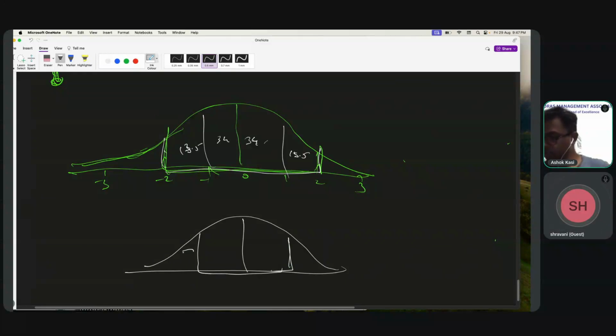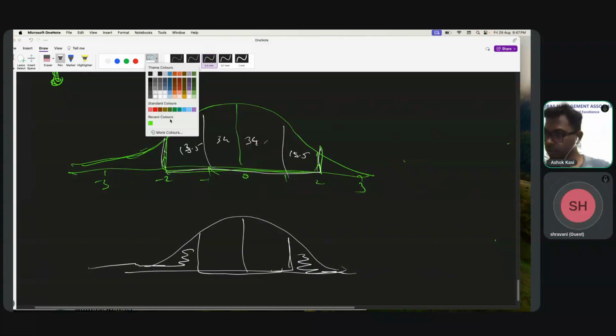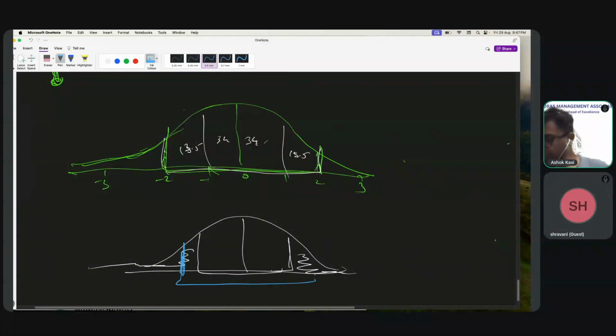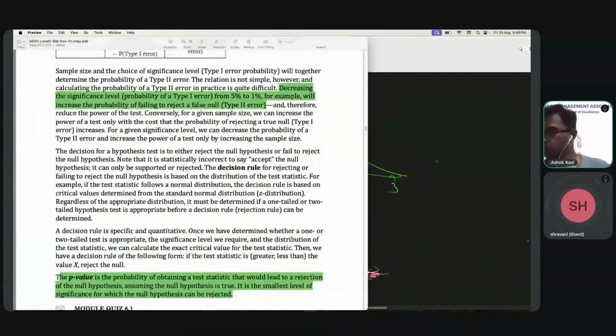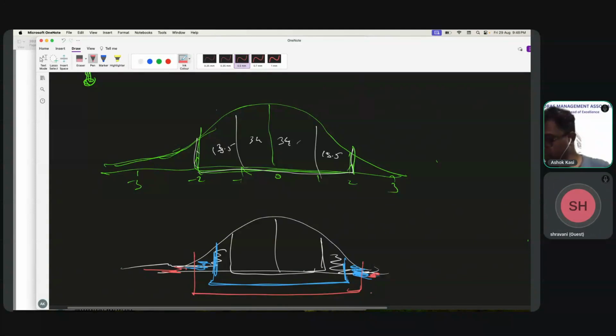So that means more probability of rejecting. Imagine if you go for a 95 confidence interval, then there is a little less probability of rejecting. If it is 99%, that means very less probability of rejecting. So decreasing the level of significance, because here the level of significance decreased to 1%.